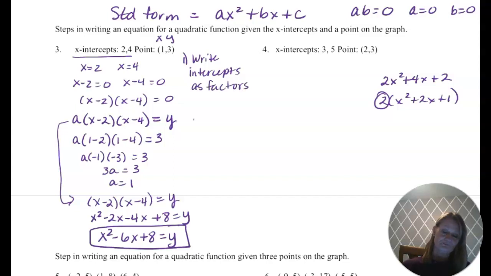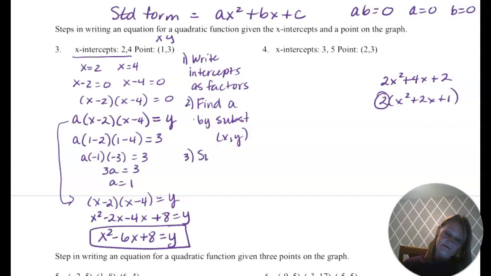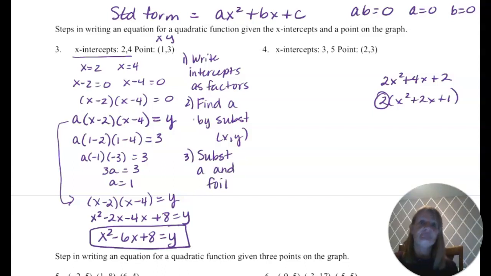Then we're going to find A by substituting x and y. And then substitute A and FOIL. So that's kind of just a rough outline. So let's try another one.